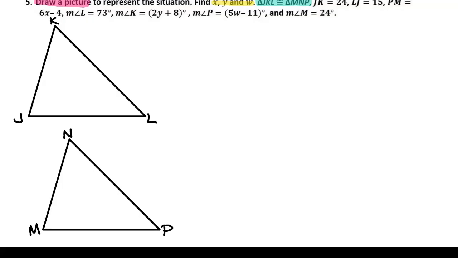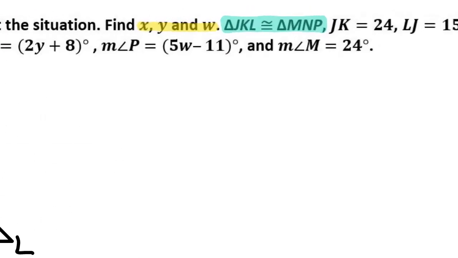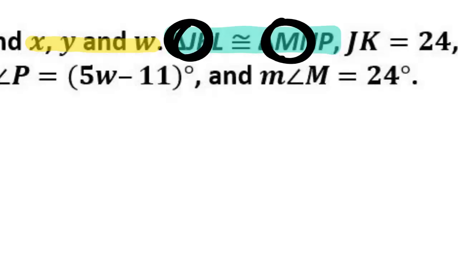Before I do anything else with this problem, we're going to use that triangle congruence statement to mark up the corresponding congruent parts. What's a pair of angles that I could mark as congruent? J and M, first letter, first letter.